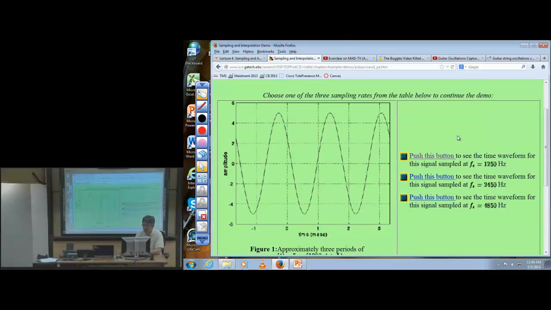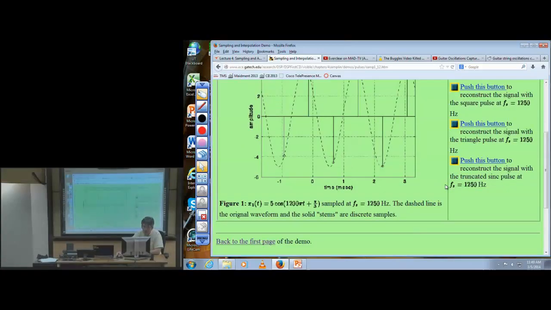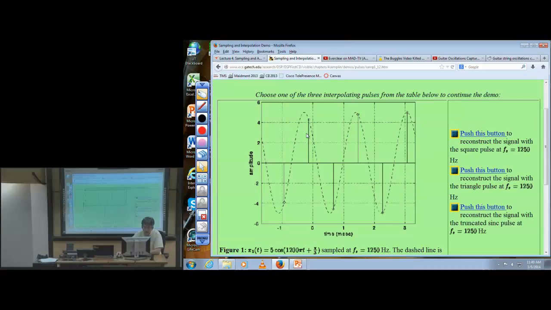So we're going to sample at 1250. And if we sample this, here's the cosine, and there's one sample at 0, one here, one here, one here. So I get slightly more than 2 samples per period of the cosine, and I'm following at least the alternation of the sine well enough.